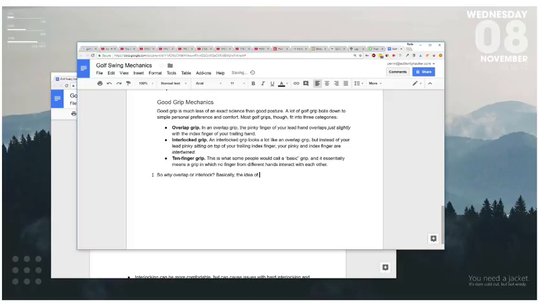Basically, the idea of using the pinky of one hand overlapping or interlocking fingers from both hands together is to, and we'll use italics for emphasis here, get both your hands working together as a unit, which can sometimes be difficult with a basic 10-finger grip.